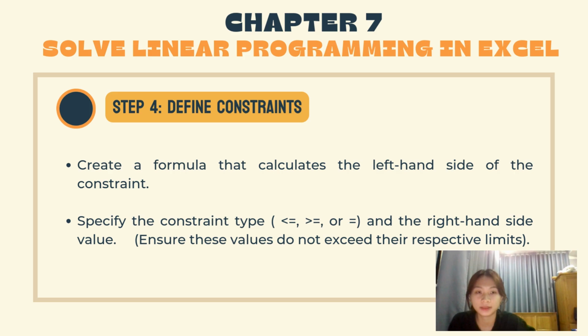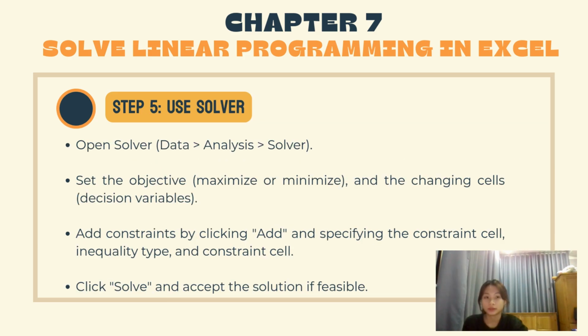The next step is to define constraints. Write a formula calculating the left-hand side of the constraints, and then specify the constraint type and the right-hand side values, ensuring these values do not exceed their respective limits. Using Solver is the following step.